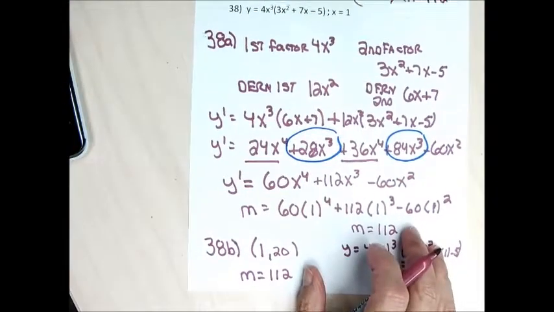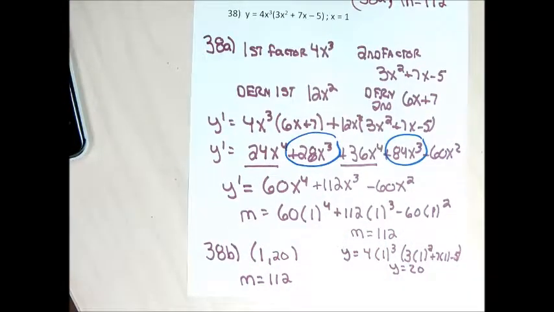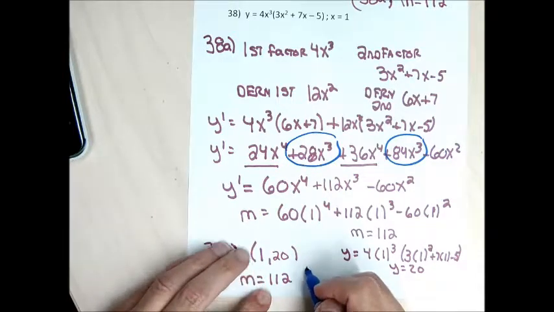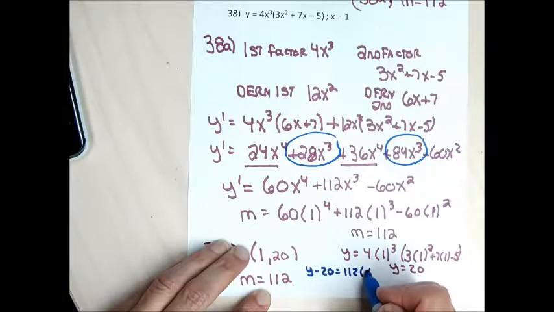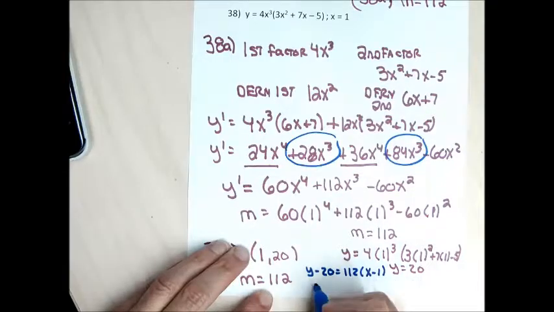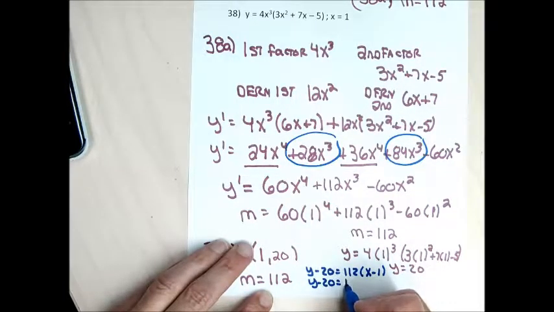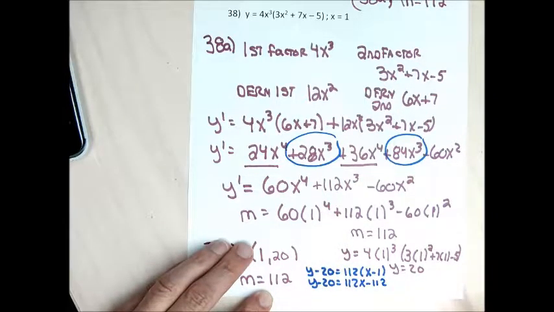The x-coordinate was given, the y-coordinate I figured out just now, and now I'm going to find my equation by doing y minus the y-coordinate of the point equals m times x minus the x-coordinate of the point. That's going to give me y minus 20 equals 112x minus 112, to clear that parentheses. I'm going to add 20 to both sides.